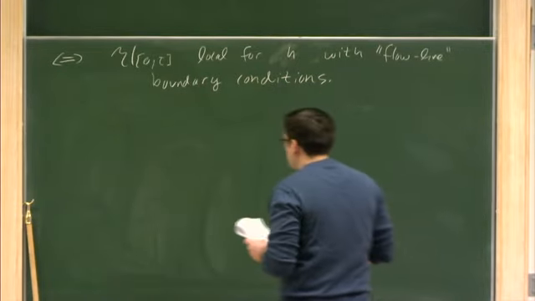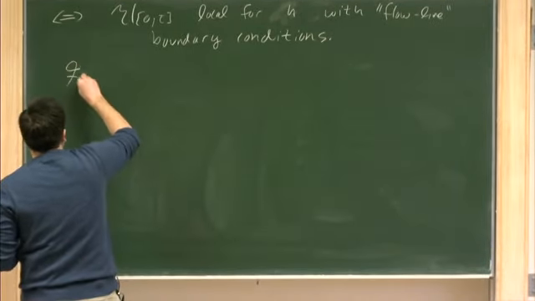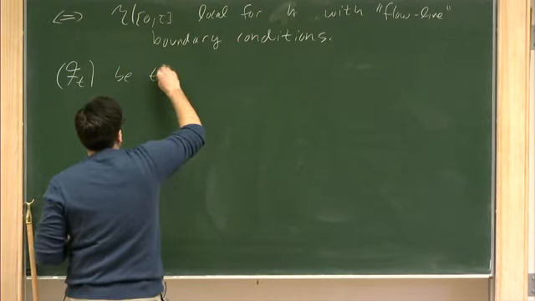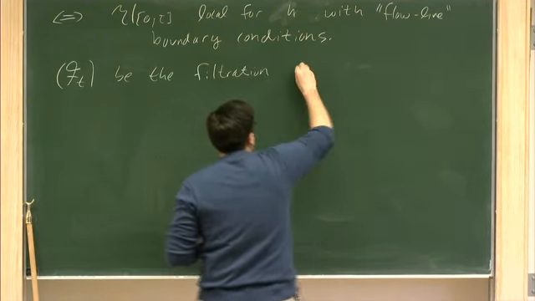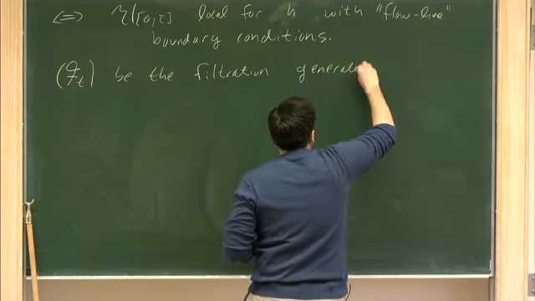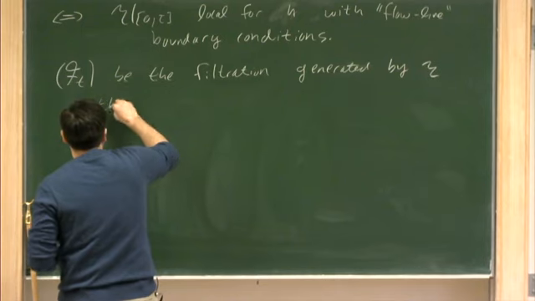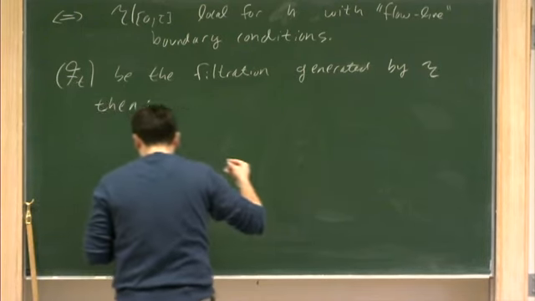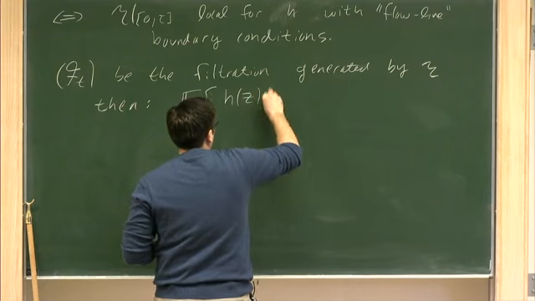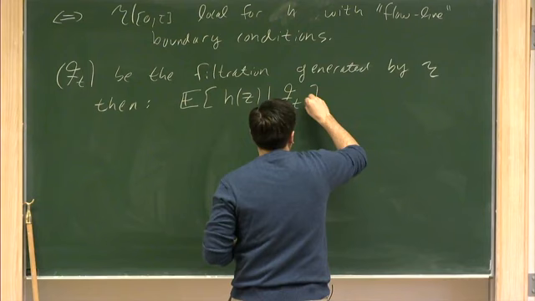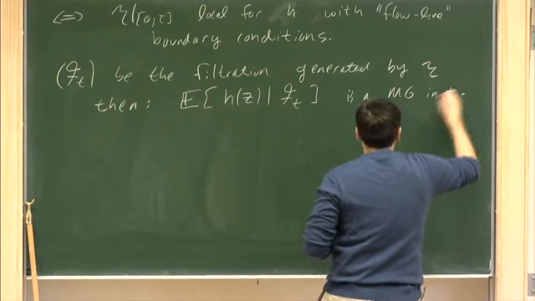And well, what does the fact that this is local tell you? Well, it tells you that if you let F_t be the filtration generated by the realization of the path, then the conditional expectation of your Gaussian free field at a point z, given F_t, is a martingale in t.